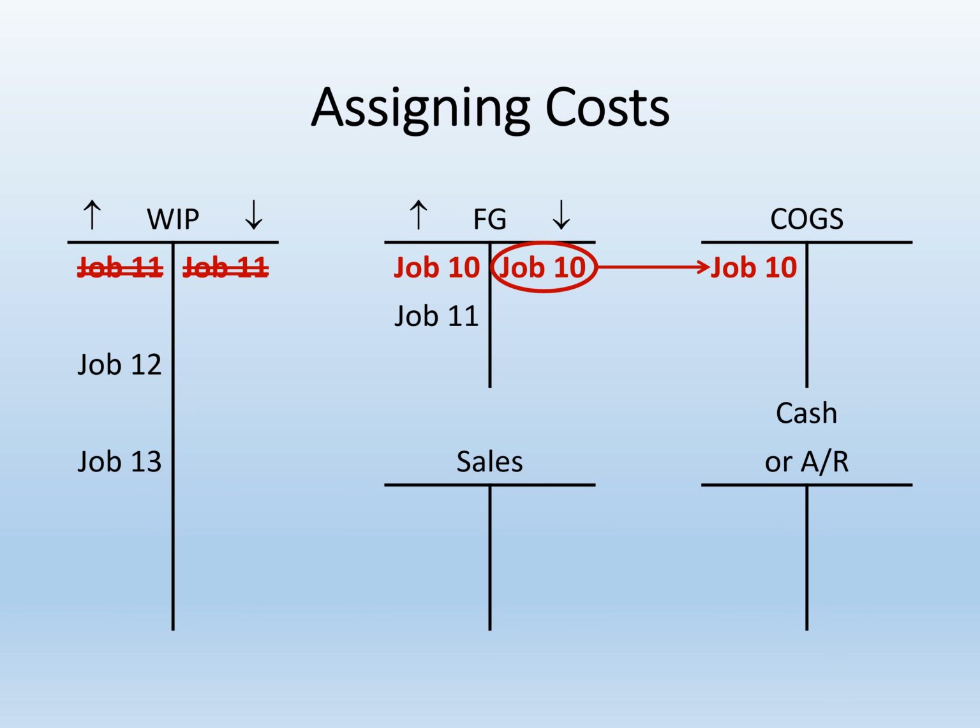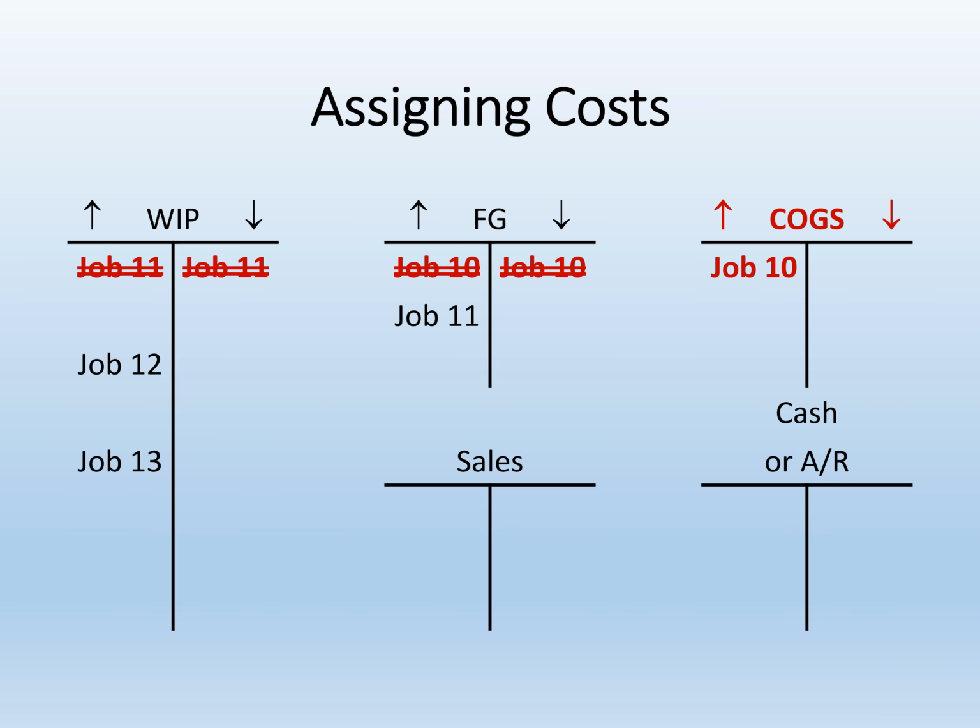So we credit finished goods for the value of job 10, and we debit that amount to cost of goods sold. This has the effect of eliminating job 10 from the finished goods inventory. It's not there anymore. We shipped it to a customer, and it increases the value of cost of goods sold.